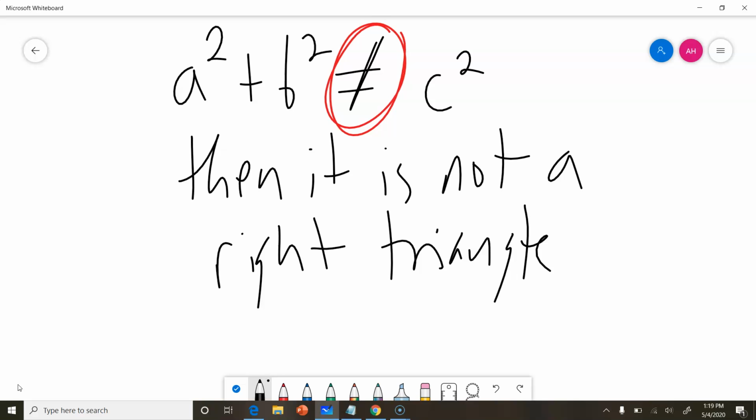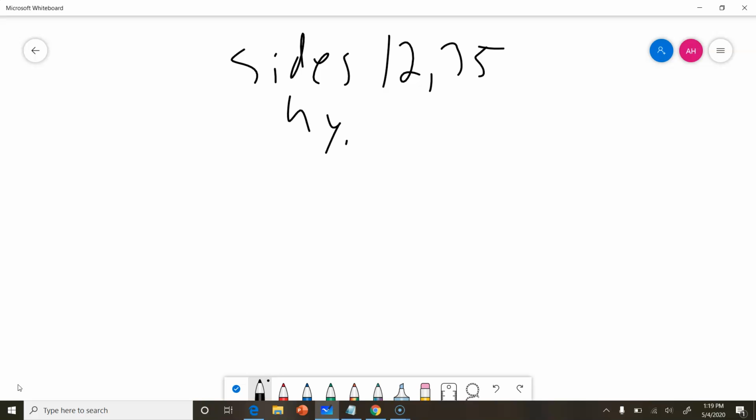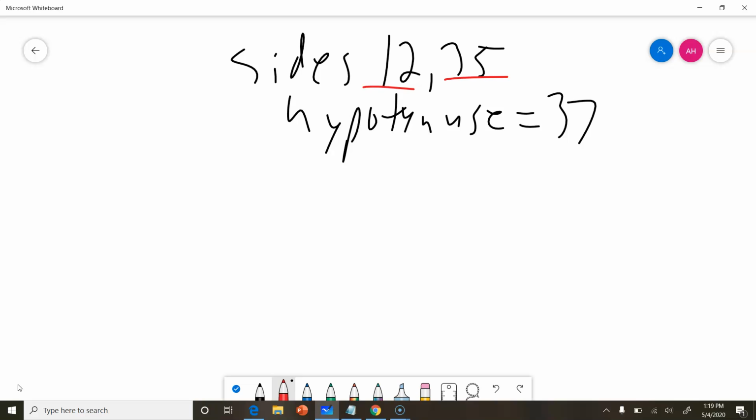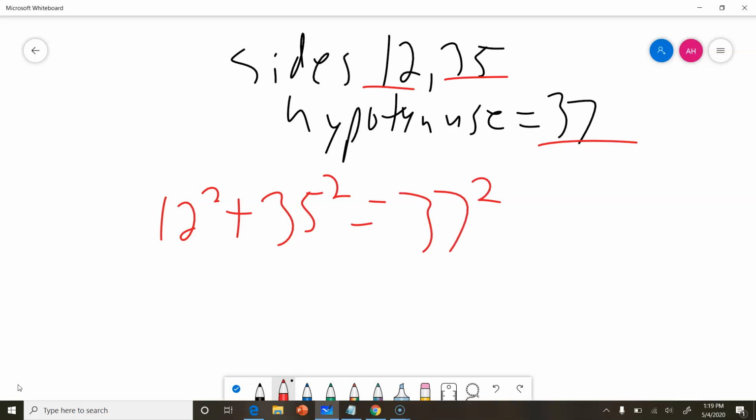So, let's look at this one. They say that the sides are 12 and 35, and the hypotenuse is 37, and is it a right triangle? All we do to test this is plug it in a, b, and c. So we do 12 squared plus 35 squared equals 37 squared. Is that true?